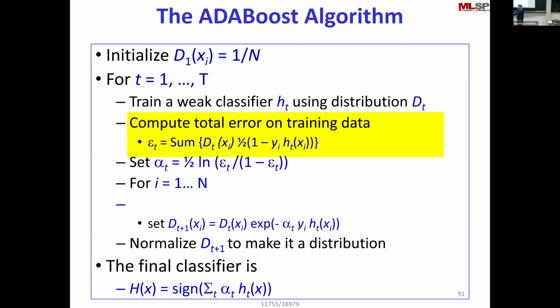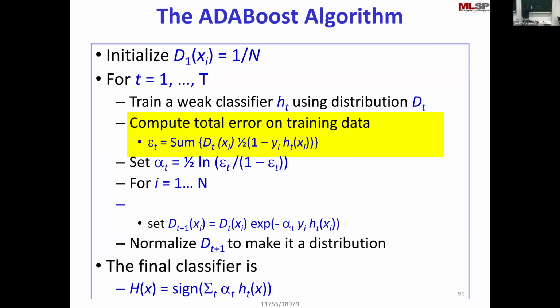The second step looks really ugly, right? What is that second step doing? Again, this is the old adage that if you really want to confuse people, write math. But here is what it is. What was y times h of x? 1 if it's correct and -1 if it's not, right?